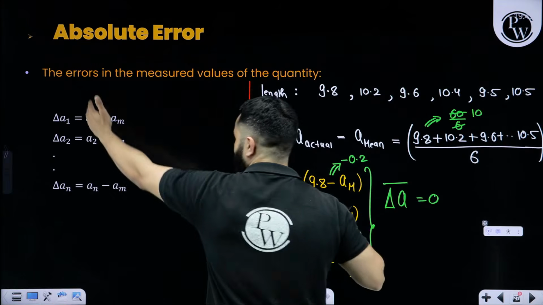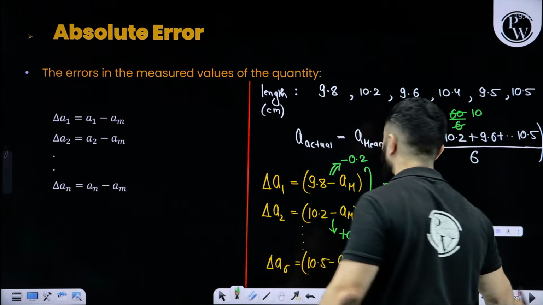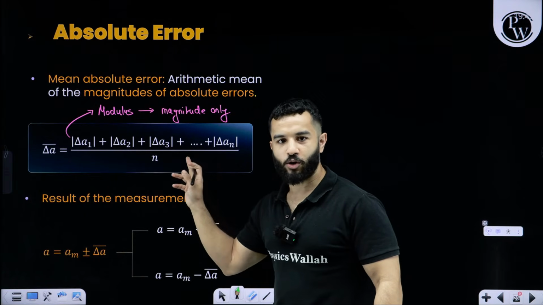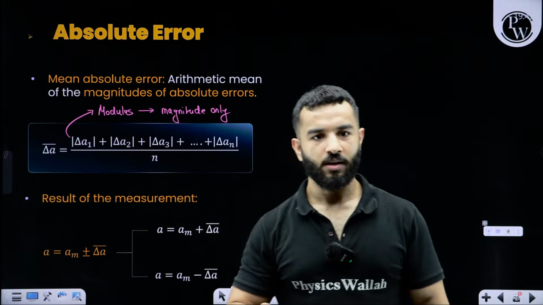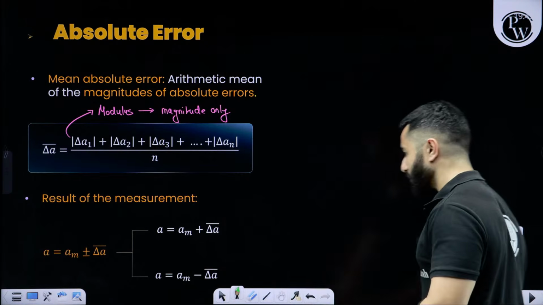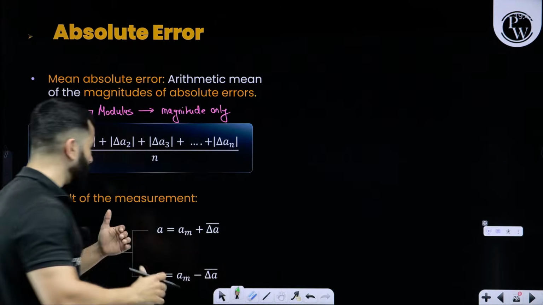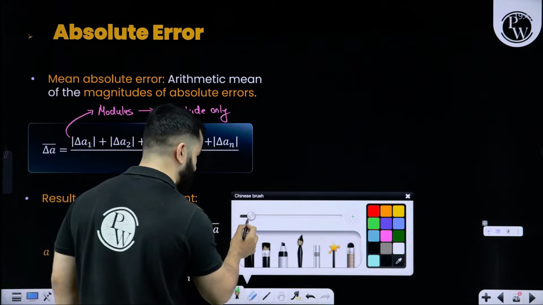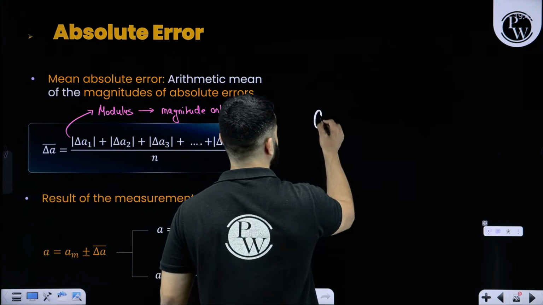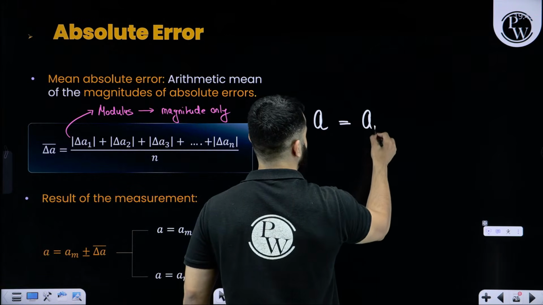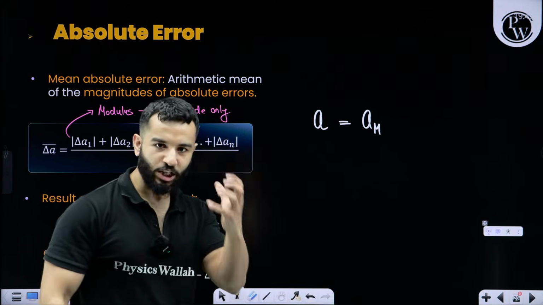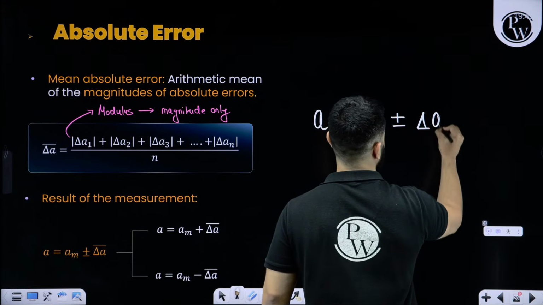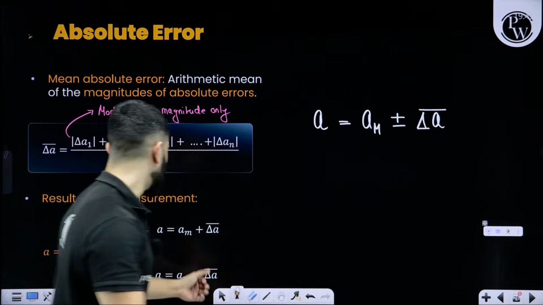That's why after taking delta A1, delta A2, we are going to take the mod values of this. Fine? Clear? So how are you going to finally give the answer? Any reading will be given as the mean value, actual value, plus minus this mean absolute error.